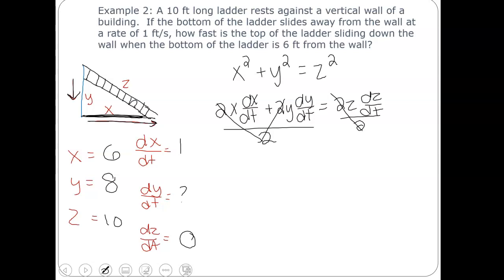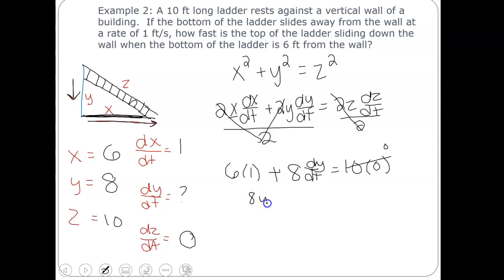Now let's plug in what we know. We know x is 6, dx/dt is 1, y is 8. We're looking for dy/dt, so we're going to leave that in our problem. z is 10, but dz/dt is 0, so that zeroes out. Then I'm just going to solve for dy/dt.